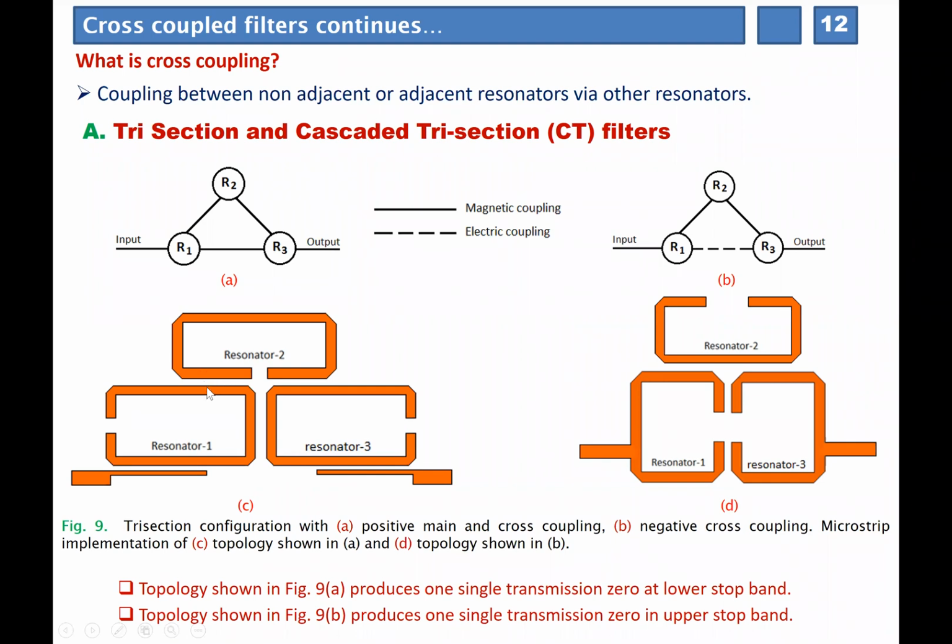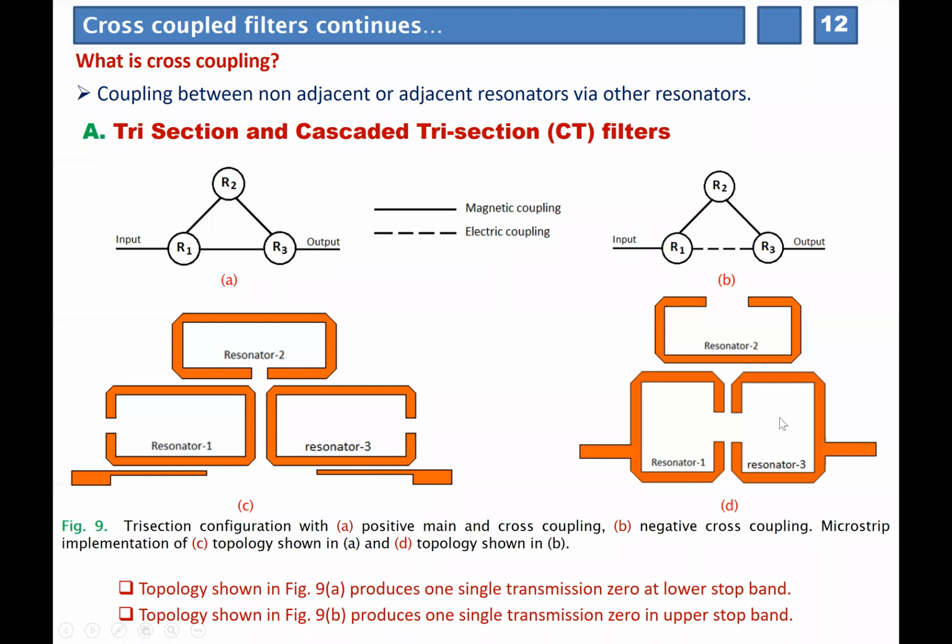R1 to R2, it is coupling through these arms. There is no electric field maxima of these 2 resonators, and not current maxima either, but there is some coupling which is actually magnetic in nature. And here you can see between 1 and 3, it is strongly coupled, like magnetic coupling.